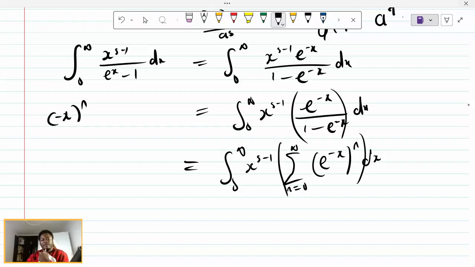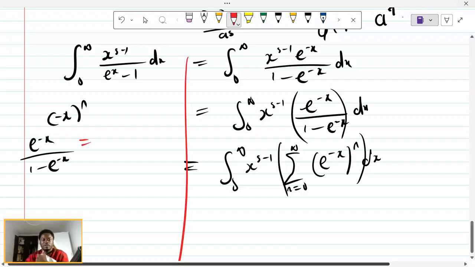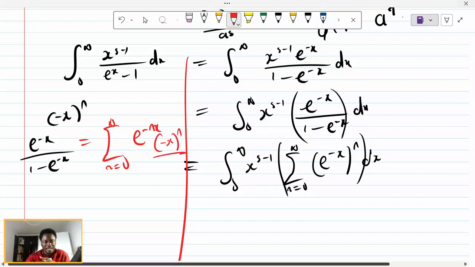So you have e to the negative x all divided by 1 minus e to the negative x, which is equal to the sum as n runs from 1 to infinity of e to the negative nx, but we don't really have a negative x to the n. And this is a key ingredient for using the Ramanujan master theorem. So we can't just plug it in directly.